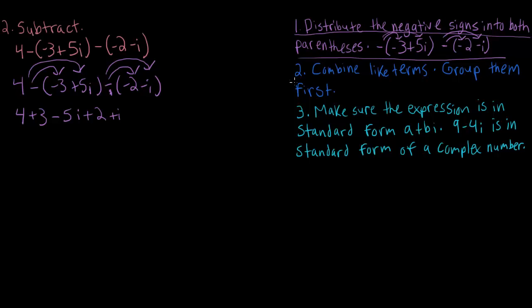Step 2, we need to combine like terms, group them first. So the first thing we want to do is to group these terms. So you got 4 plus 3 plus 2 minus 5i plus i. If we combine the like terms, 4 plus 3 is 7 plus 2 is 9, minus 5i plus i, and then negative 5i plus i is 9 minus 4i.